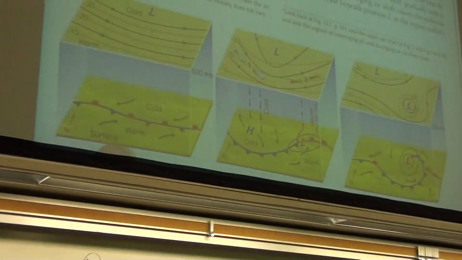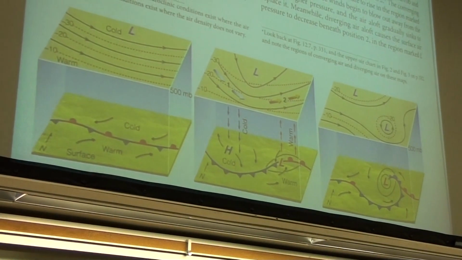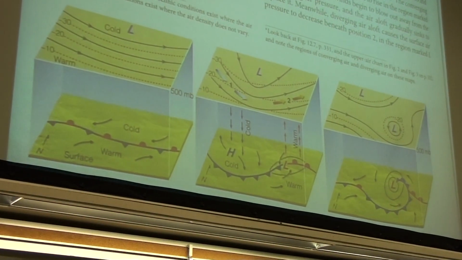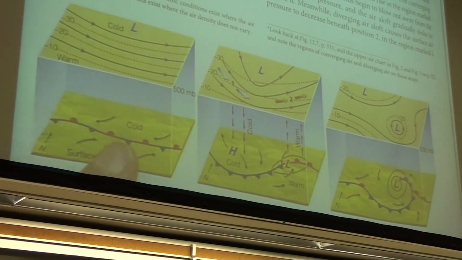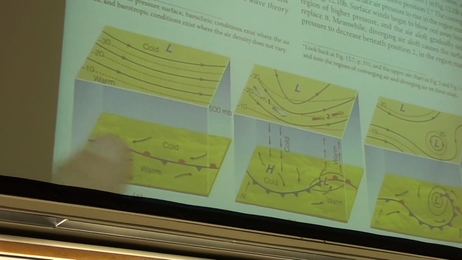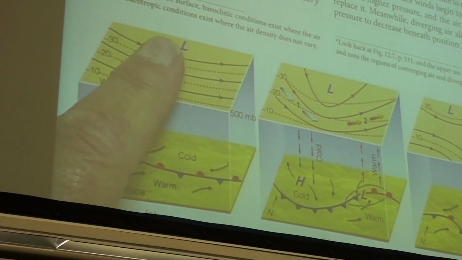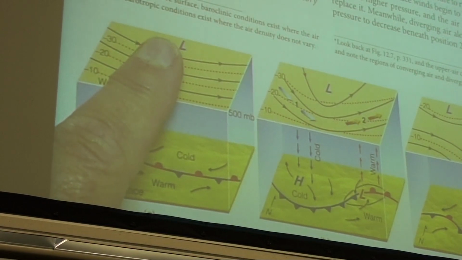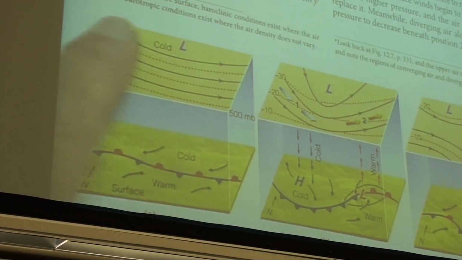Now if we look up at the data projector, we see here on page 334 of your text that we have this occluded front here. This is at the surface, and then up high we also tend to have a low. Now, what does this low up here represent?